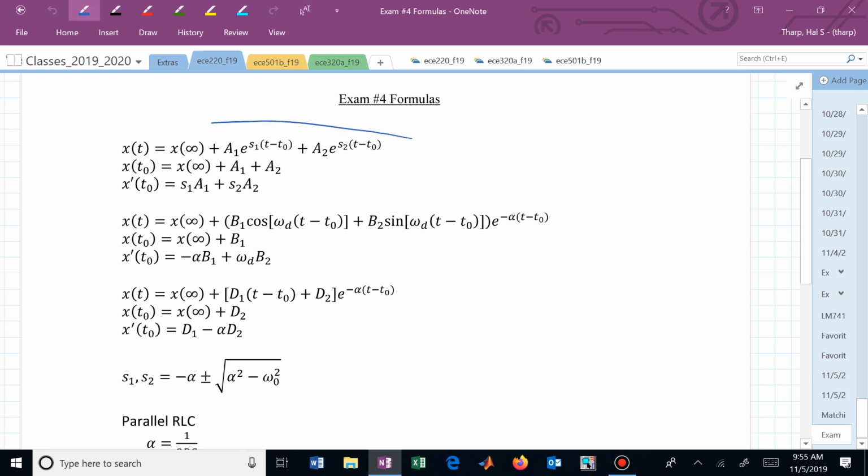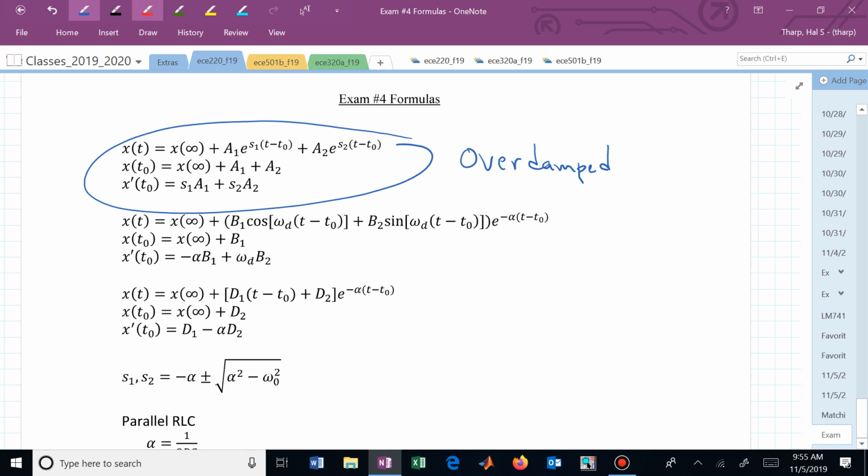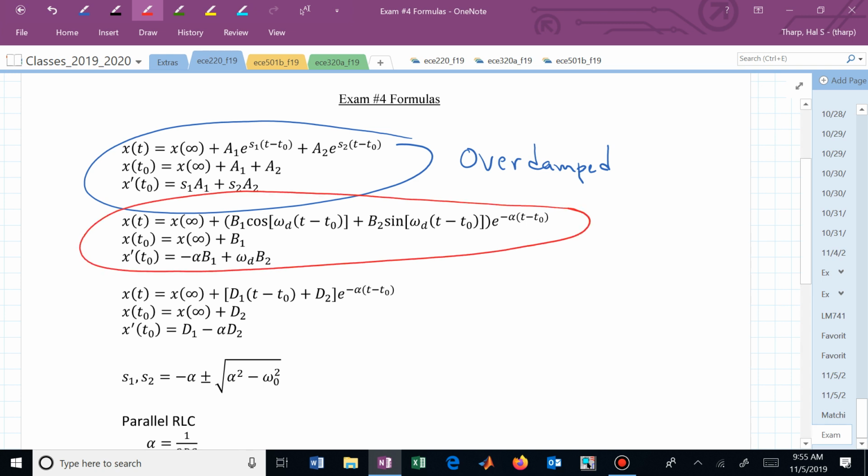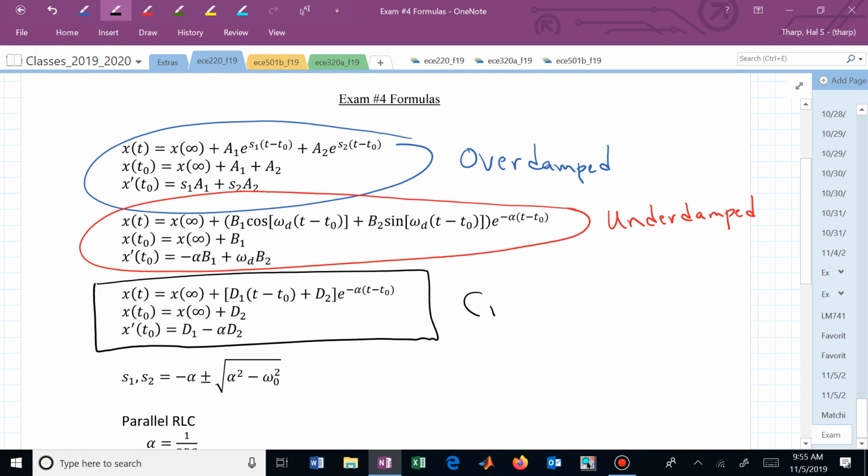This one is our overdamped. If we have an overdamped scenario, we are dealing with that set of equations. If we have underdamped, we have that set. And if we have critically damped, we have that set.